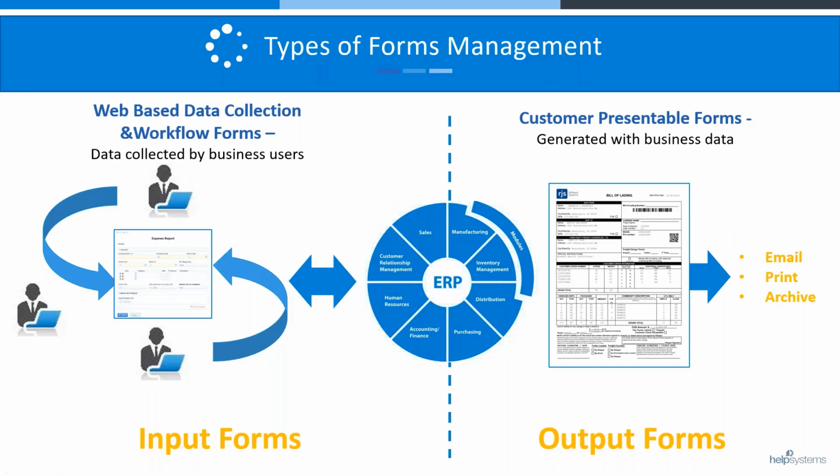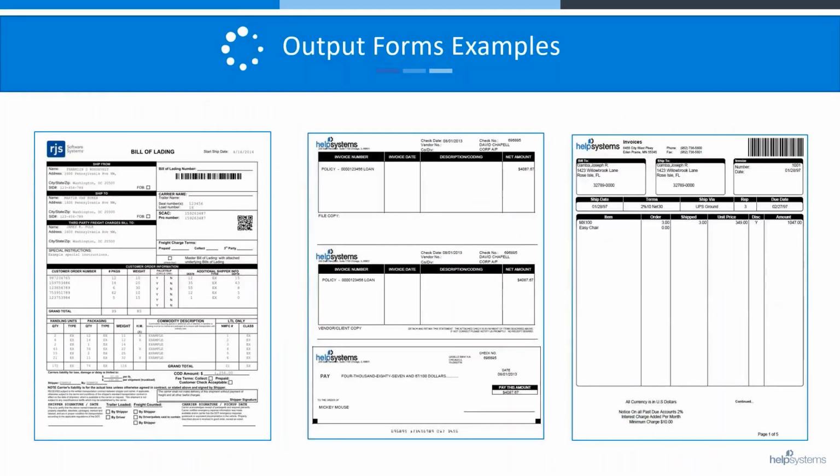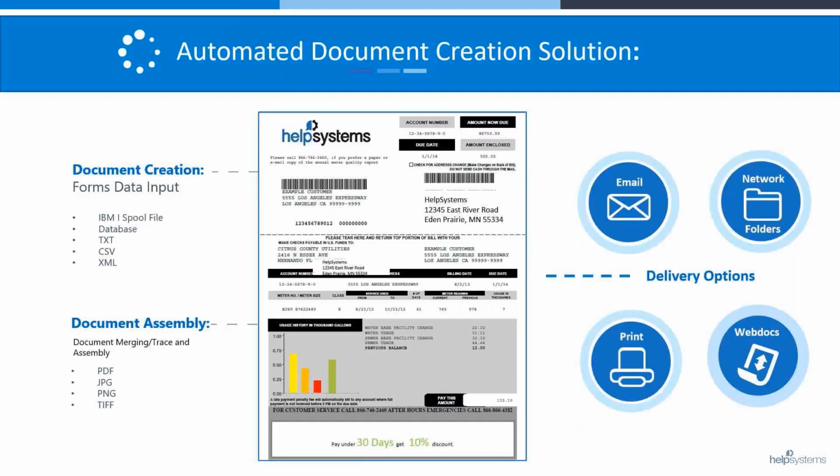So taking customer data that's inside the ERP or presentable data, and presenting that data in a nice business fashion, like bills of lading and check printing and label printing, invoices and stuff like that to be able to process through.